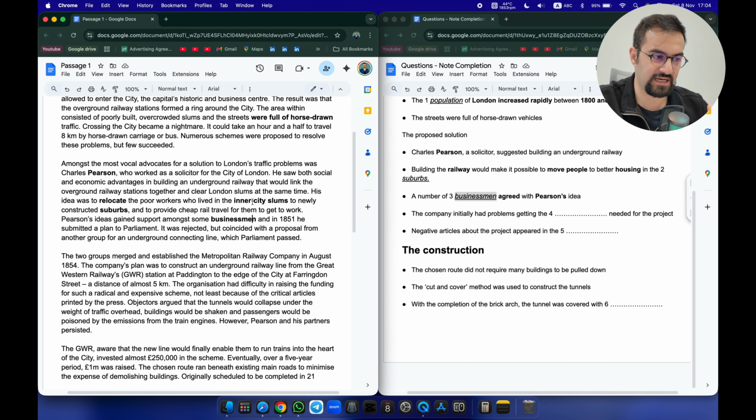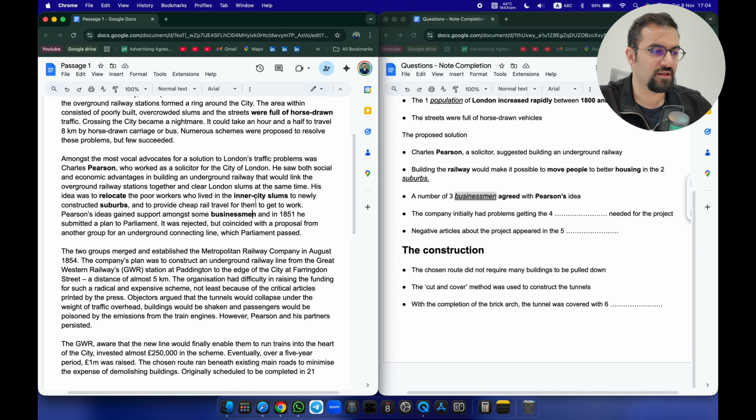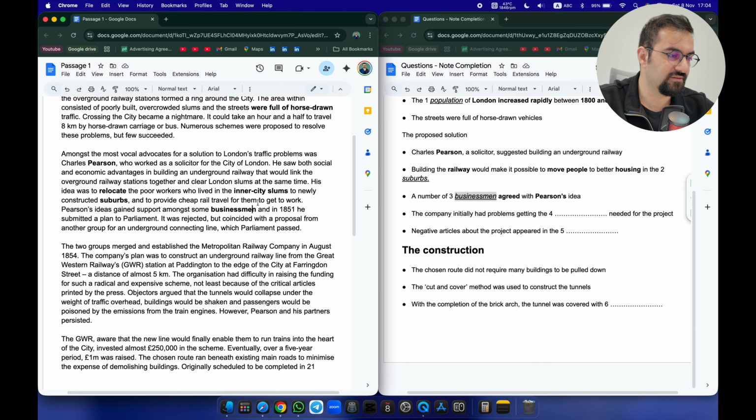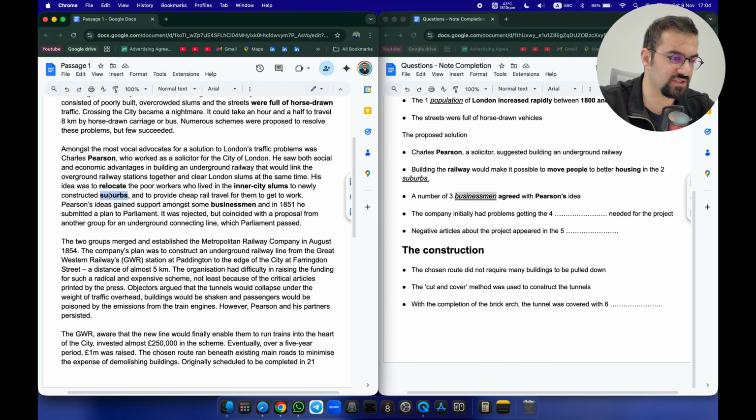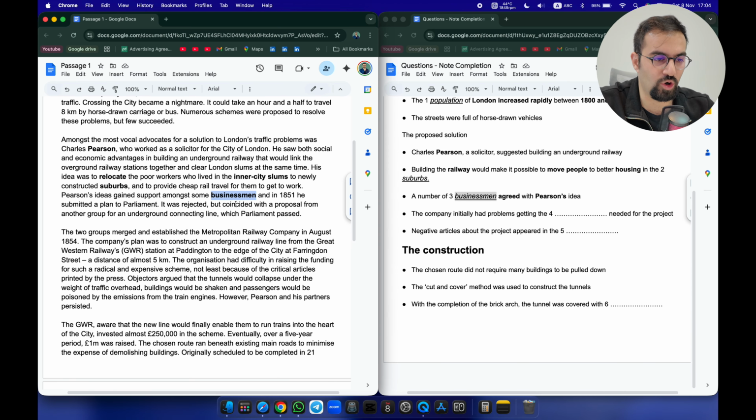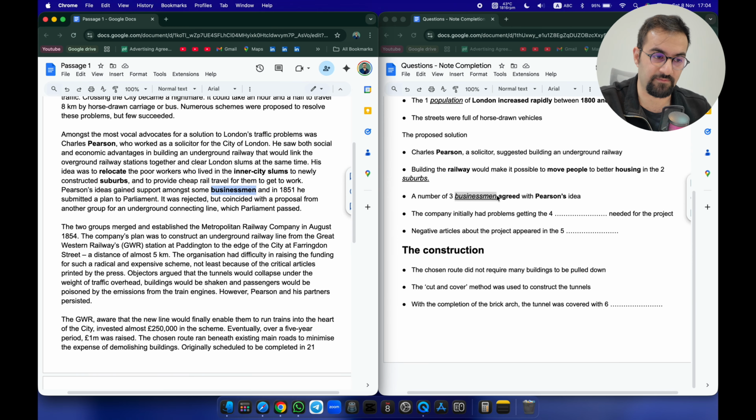It's impossible to memorize the gaps. Some questions can be paragraphs apart, some questions can be just sentences apart. For example, here is my question 2 and here is my question 3. That's why we go part by part, and we go with the passage and questions at the same time.